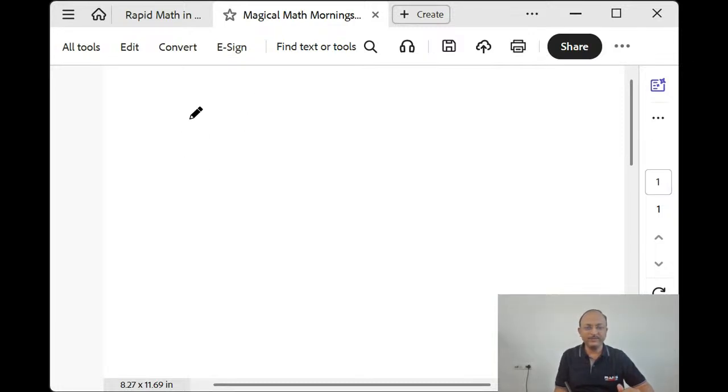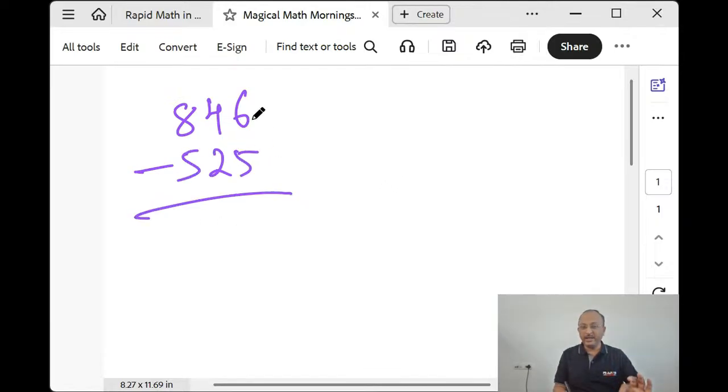Let's take some numbers. 846 minus 525. We consider any one number only, either close to 800 or 600. We will not consider 700 because that will add up again 100 plus and 100 minus. So always I will try to consider the smaller number, which is relatively easy.